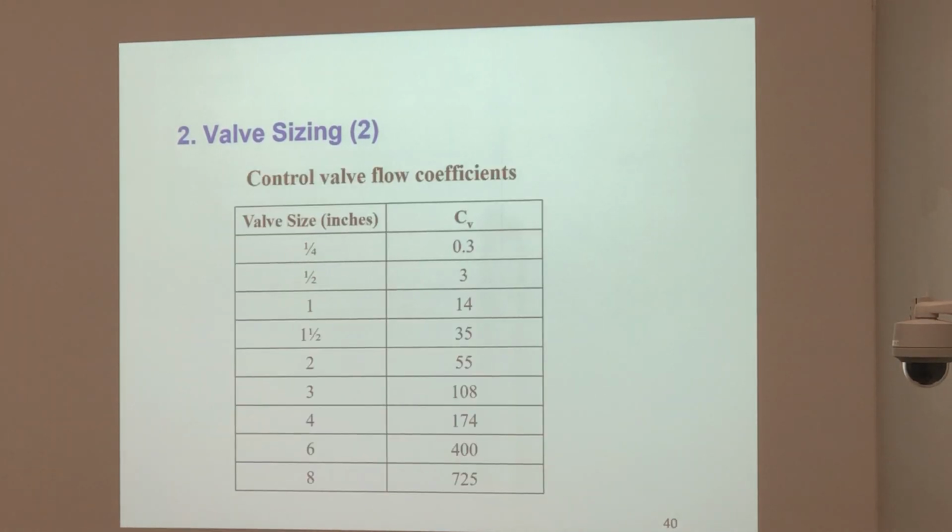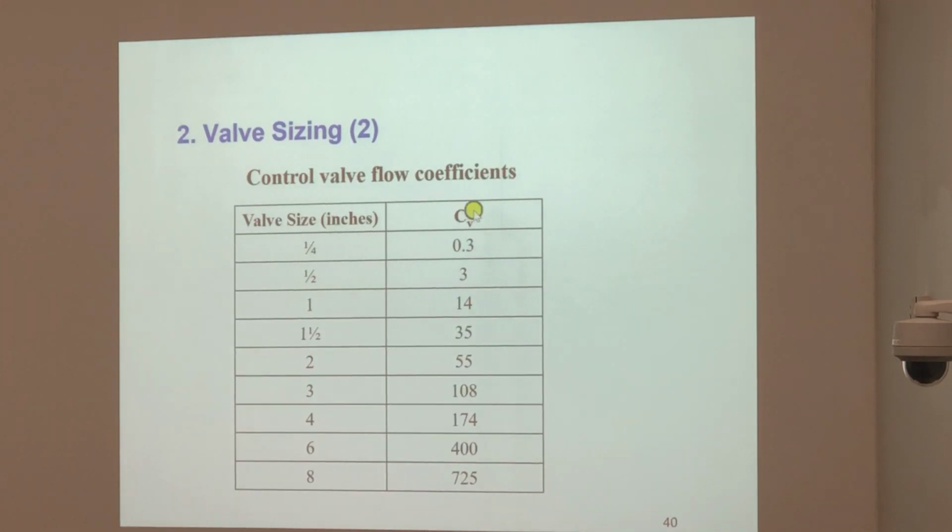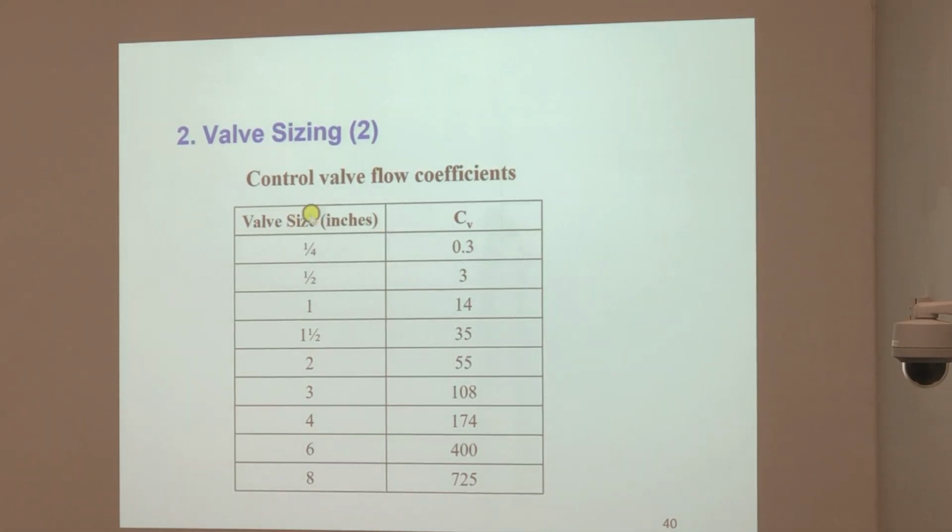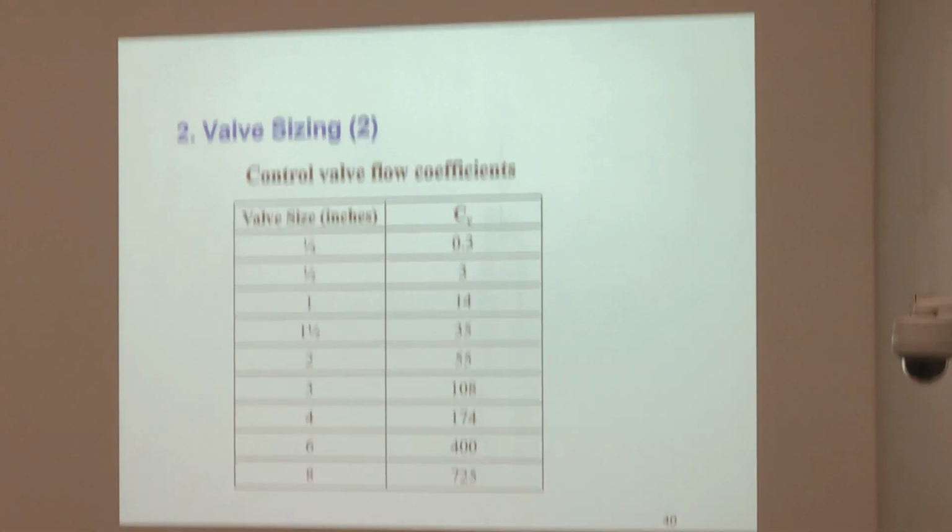Other than that, the other one is the CV itself. This one normally will be given in table form, which means that if the control valve is 2 inch, the CV is 55. So you must always convert the size into inches, and CV is just a coefficient without any unit.